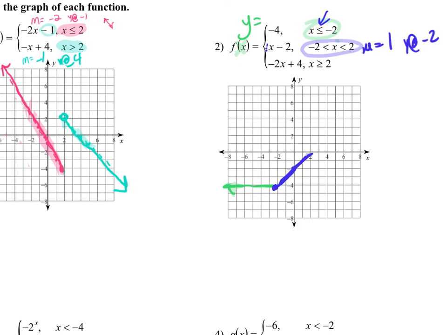Now the last one, my slope is what here? -2. And my y-intercept is at 4. So I go up here to 4. -2 means I go down 1, over 1, down 1, over 1. +4. -2 is my slope. So yeah, it should go down this way.